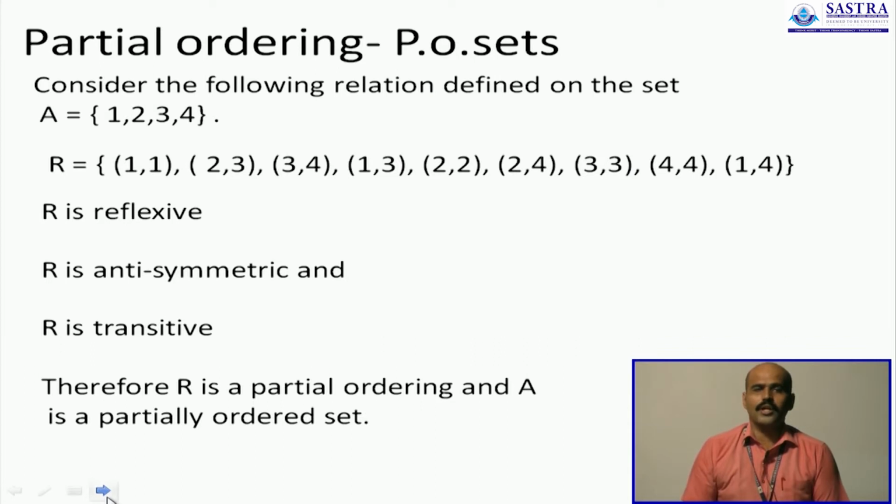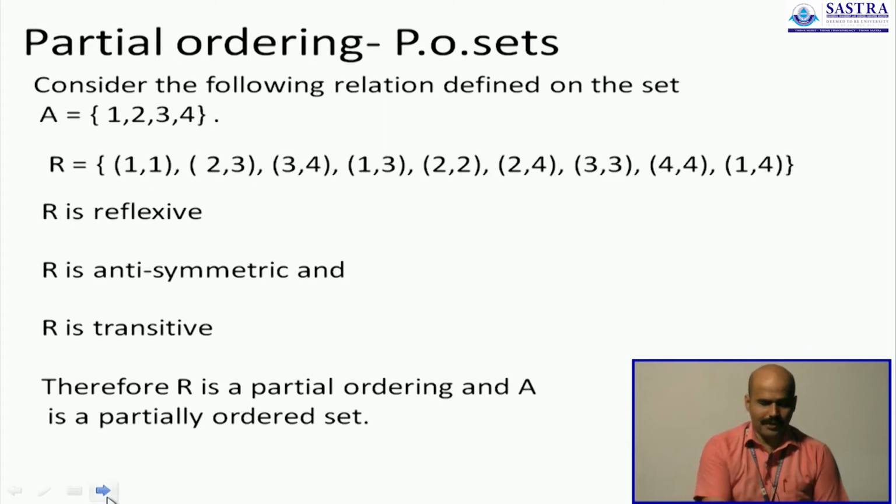Consider the following relation defined on the set 1, 2, 3 and 4. I have 9 ordered pairs before me. Let's try and see if these 9 pairs together form a relation which is all of reflexive, antisymmetric and transitive. We have a relation here which pairs up 1 with 1.